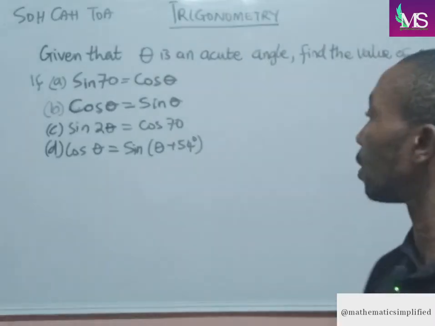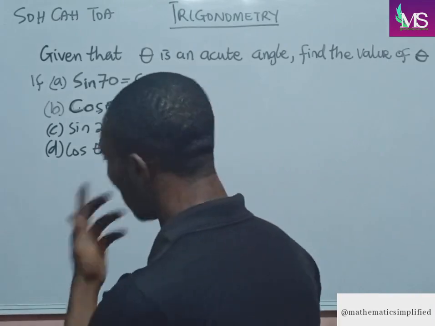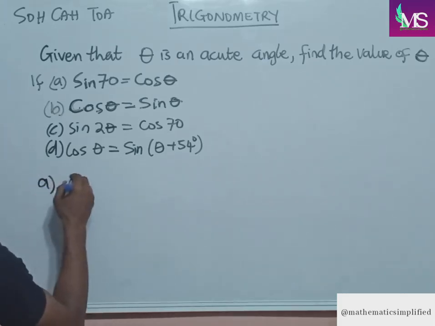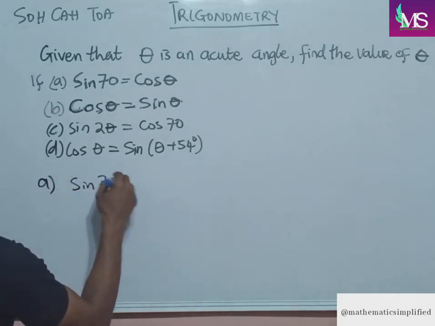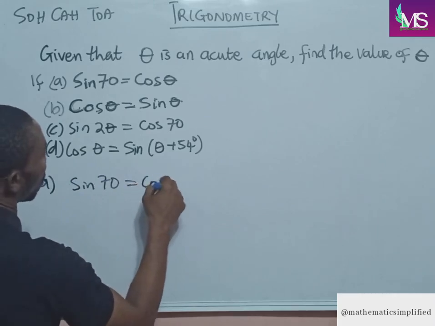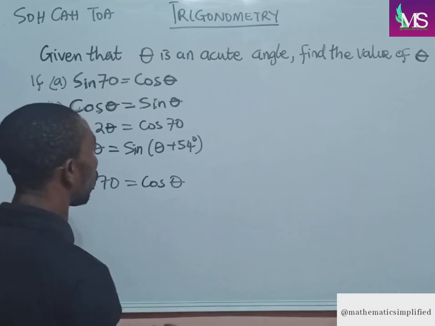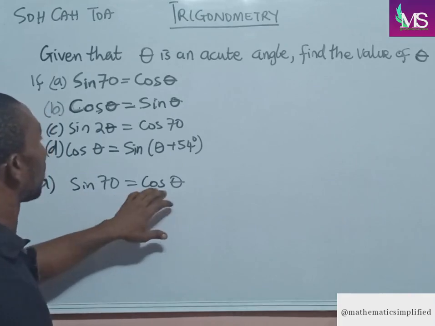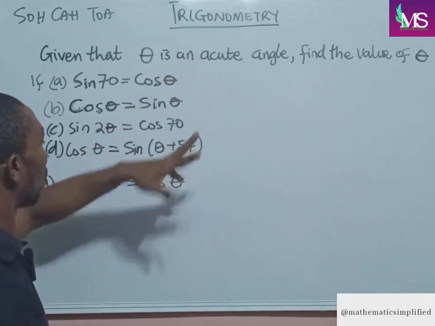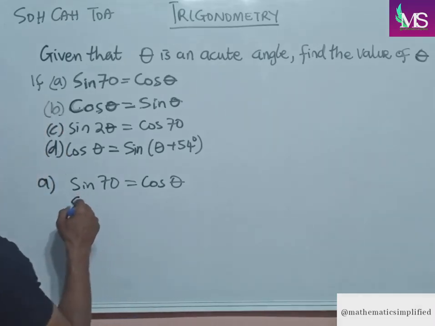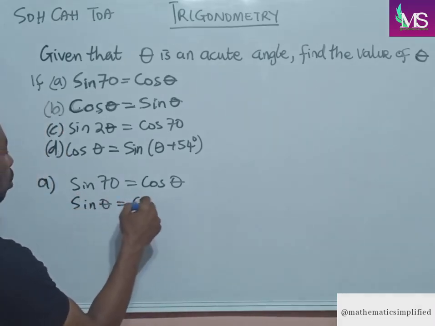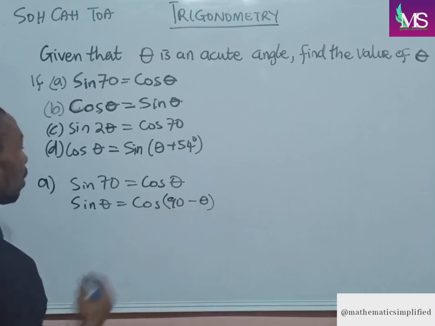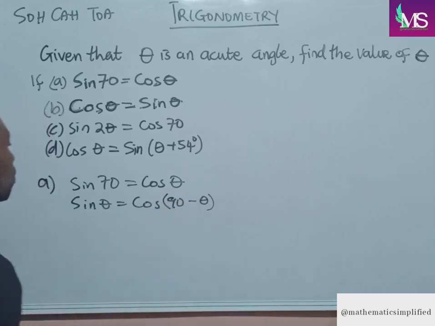Now, in solving this, our solution 1A, we know that sine 70 equals cos theta is the question. Now, if we look at the complementary angle of sine theta, from what we learned earlier, sine theta equals cos 90 minus theta. That acts as our complementary angle.